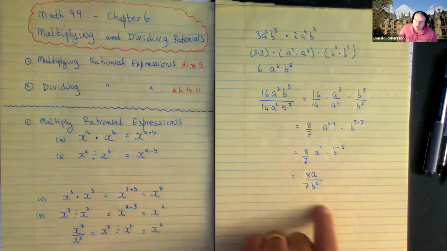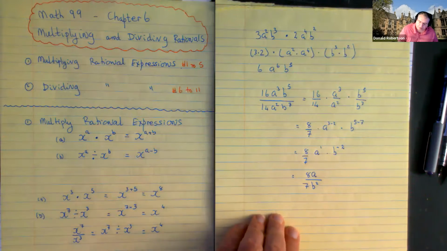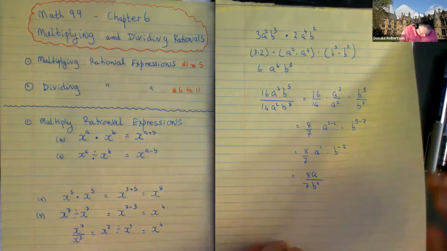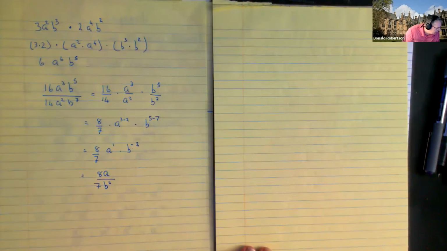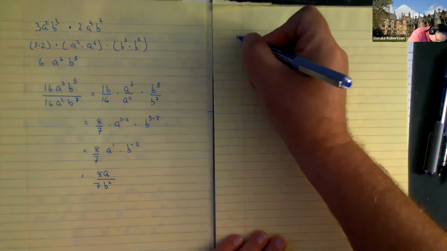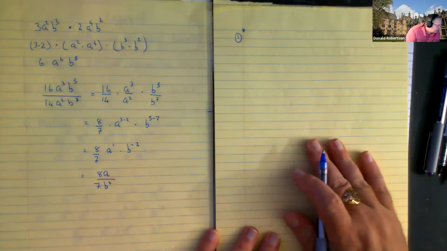Now you're going to be doing a lot of questions with more than one variable at the beginning, and this is the process that we're going to use to get to that result. Now you put it together and you get quite large and complicated questions.